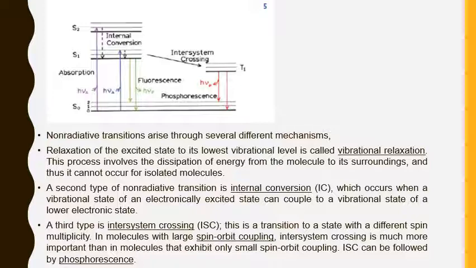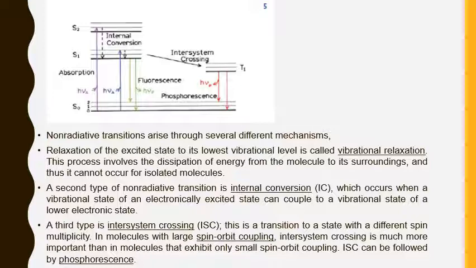The third type is called intersystem crossing. That is the transition to a state with a different spin. As we have discussed several times, whenever we give the energy, we move to a singlet state.